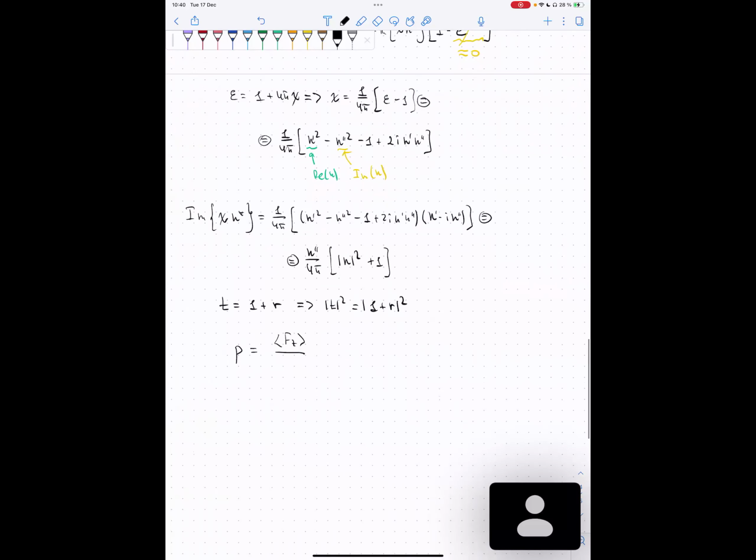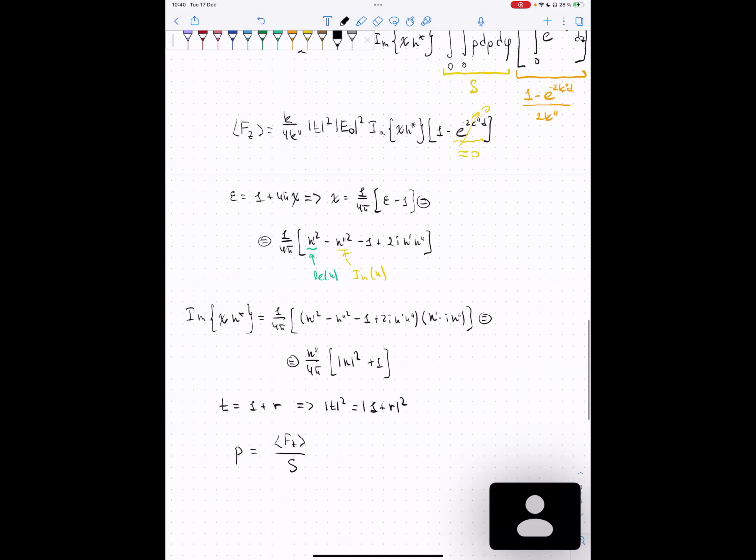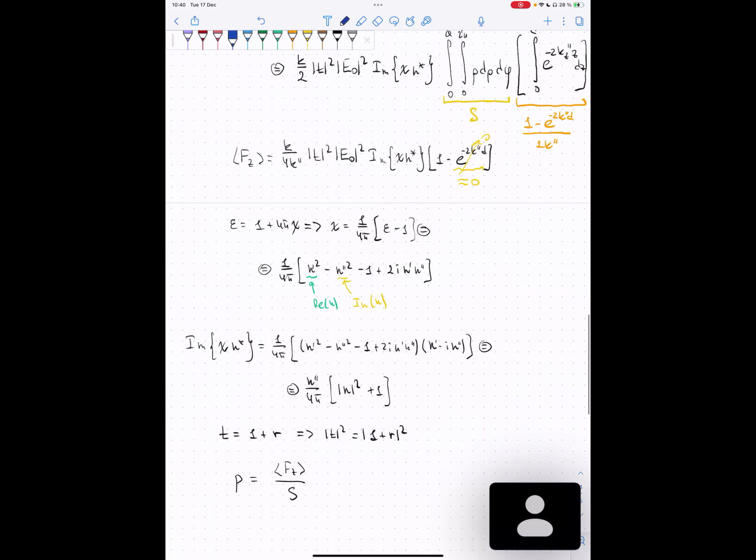Okay. So optical pressure is, of course, divided by the area. So this area will cancel out.